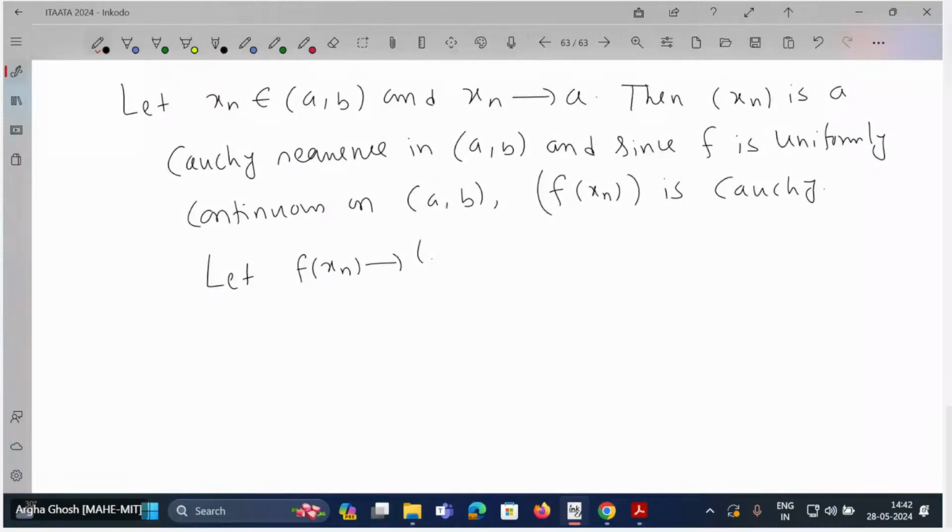Is this the completion of the proof? Can we say that the limit as x tends to a plus of f(x) is L?